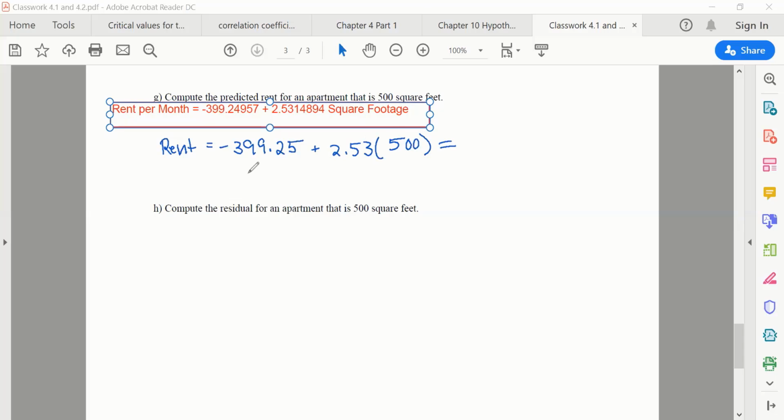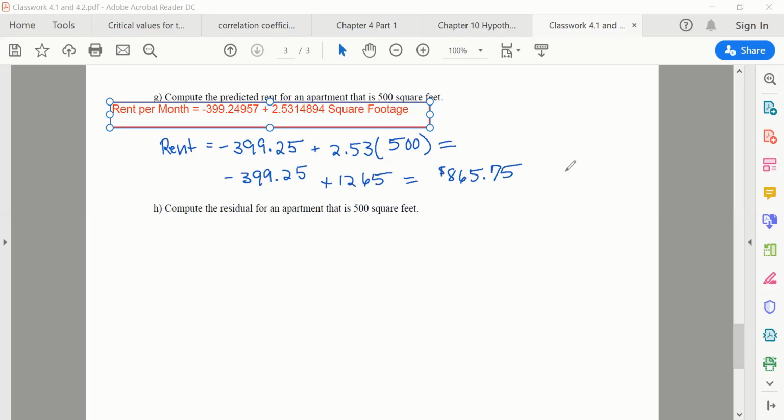So that's going to be equal to negative 399.25 plus, on my calculator, $1,265, which gives us $865.75.